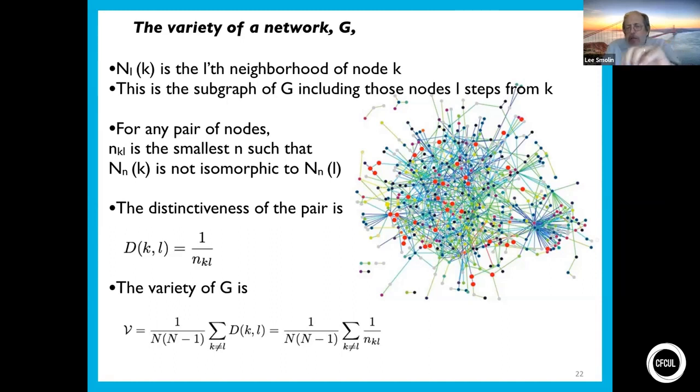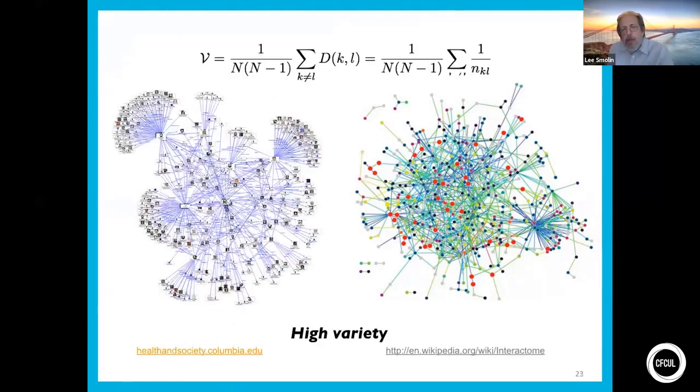And the lowest number that we count to, such that the subset around the first event is not isomorphic to the subset around the second event, we call them distinctive at level K, if K is a number of steps. And then we just sum over 1 over K. And that gives us the notion of the variety of the set. Okay. And by the way, I'm happy to take questions anytime.